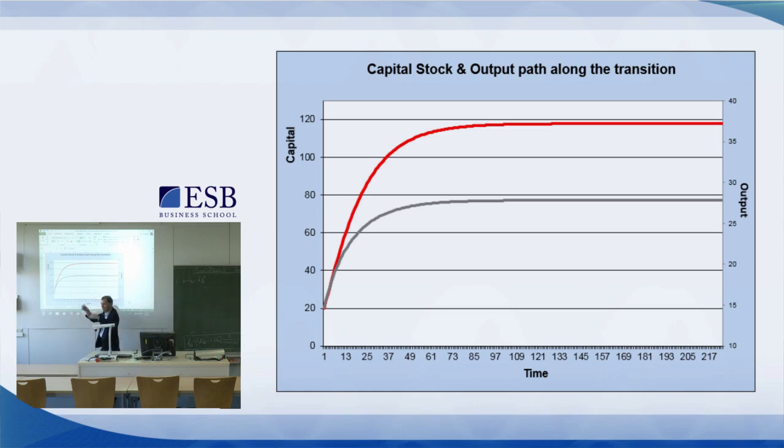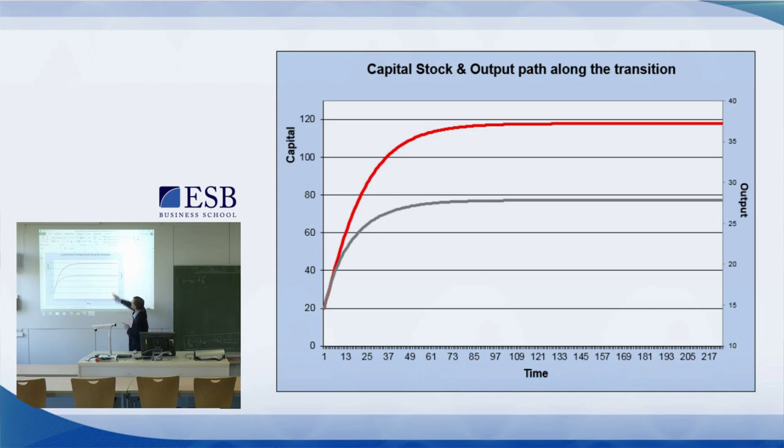At the beginning, the capital stock is growing and growing. And when we are close to our equilibrium, the numbers are almost the same. They converge to our steady state, to our equilibrium, which is close to 120. These are the numbers in this column on the bottom.